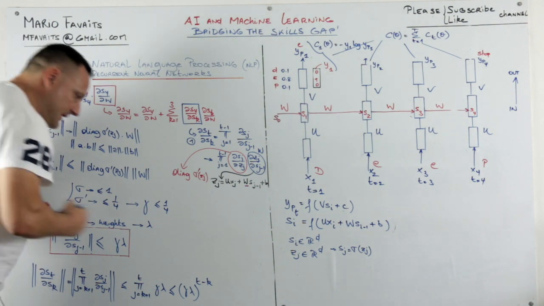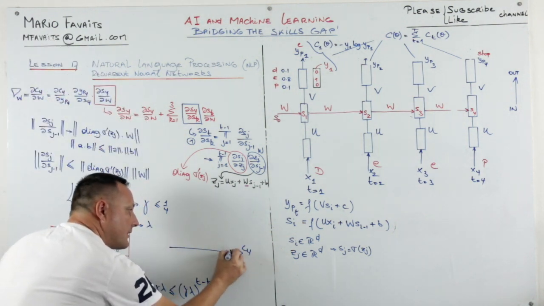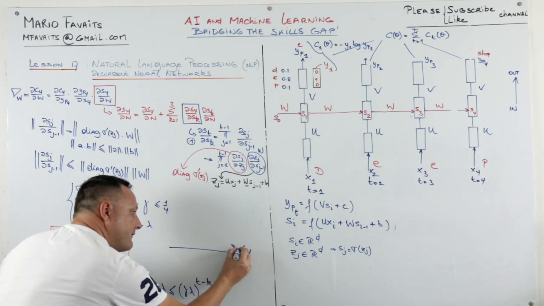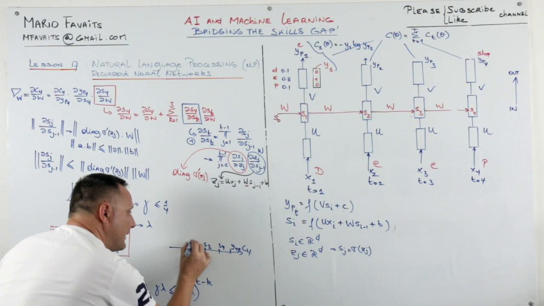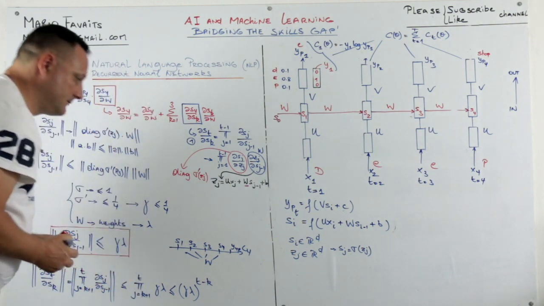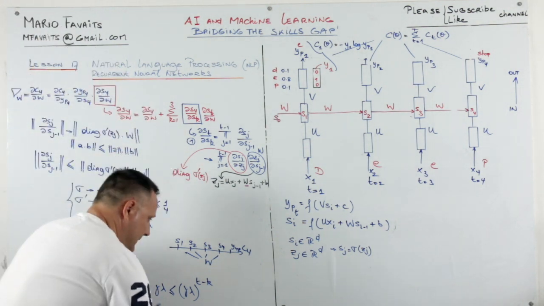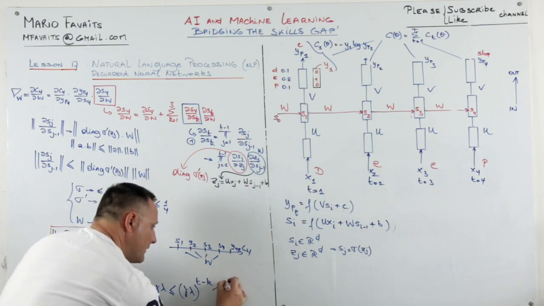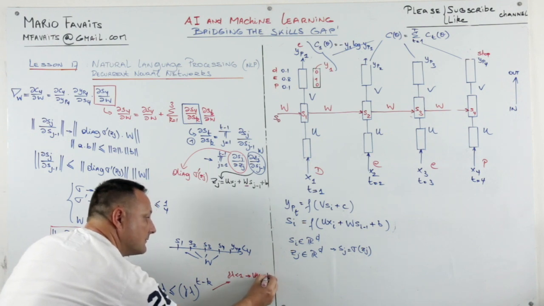Just intuitively, remember, we had our cost C4 here, then we had Y4 predict, S4, S3, S2, S1, and here you had your W. So if gamma lambda is smaller than 1, your gradient can vanish.